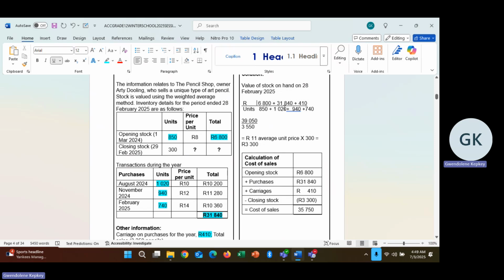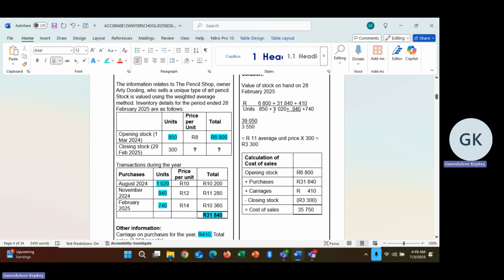Your rand value to your number of items. Now, what is a bit different or difficult here is that the purchases of the various months haven't been added. Take a minute, grade 12s, and add those figures, those three over there.